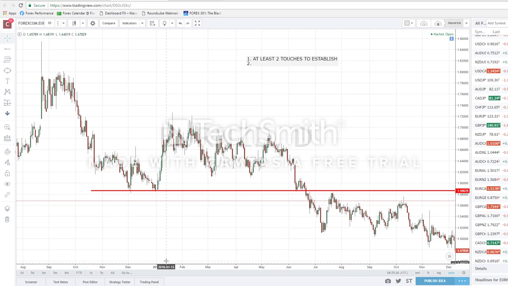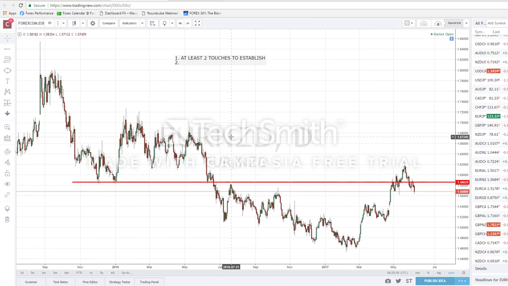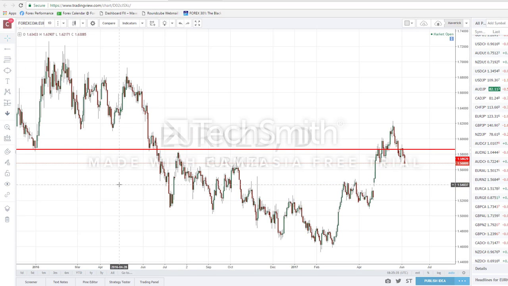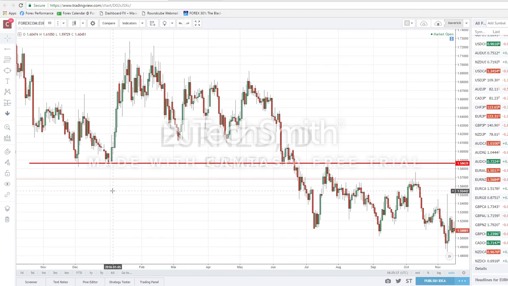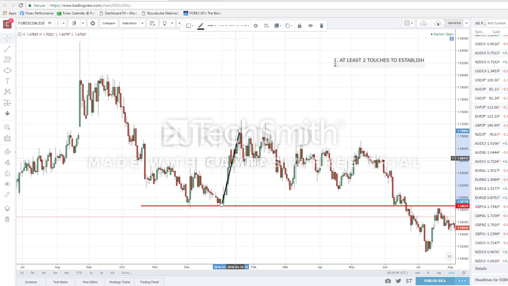The second characteristic, another very, very critical thing when looking for these areas, is going to be price hits this zone and then makes a strong move away. Okay? So as we can see here, on this second touch that made this zone valid, look what price did. It spent a couple of weeks moving away from this zone.